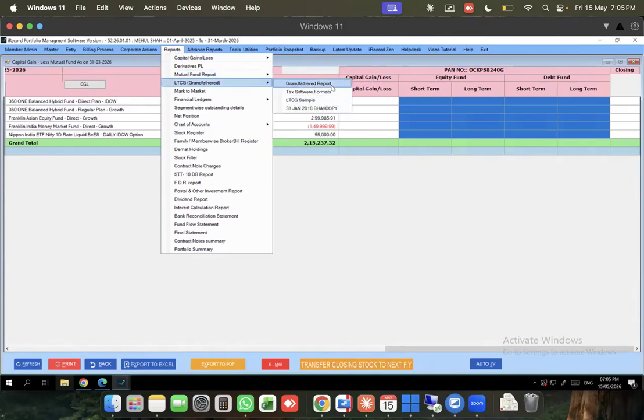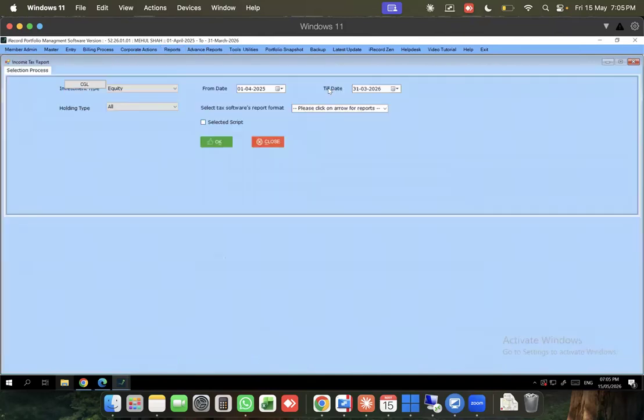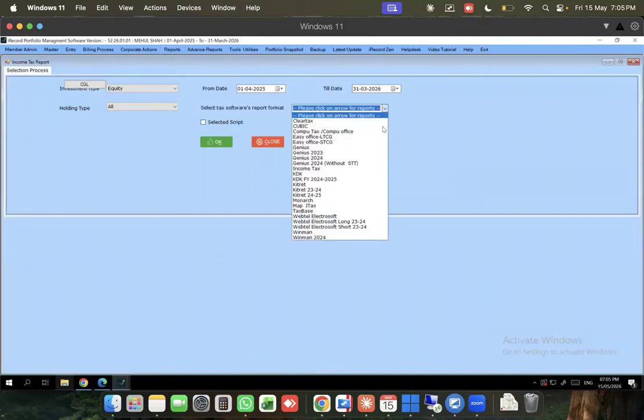Then we have an LTCG report that is going to be very useful for someone wishing to track the grandfathering effect individually, and also a tax software format report, which is nothing but if your CA asks you to provide the capital gain report in their tax software formats, primarily widely used ones like Winman, KDK, ClearTax, Income Tax Portal format, Genius, and so on.